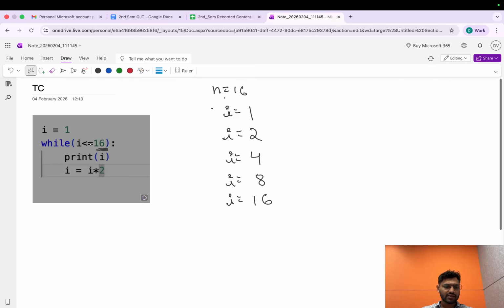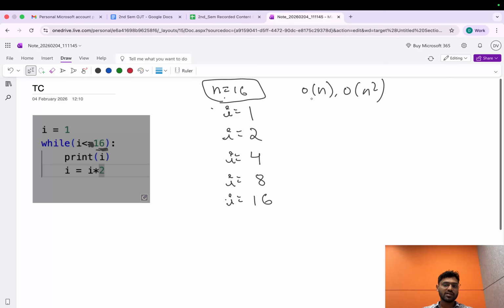Let's say if it is not there, just to make things easy, because adding one extra step is not going to change anything, right? So when n equals 16, can you tell me what its time complexity is? Is it big O of n? Is it big O of n square?